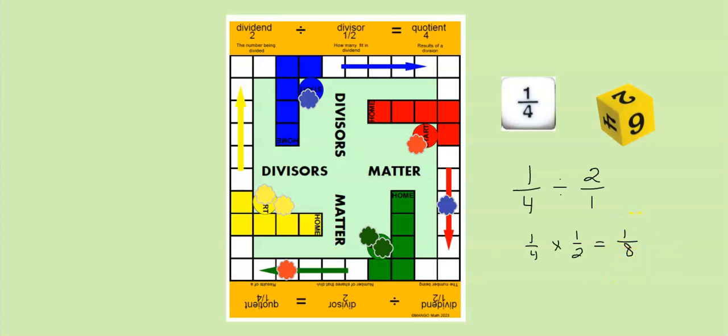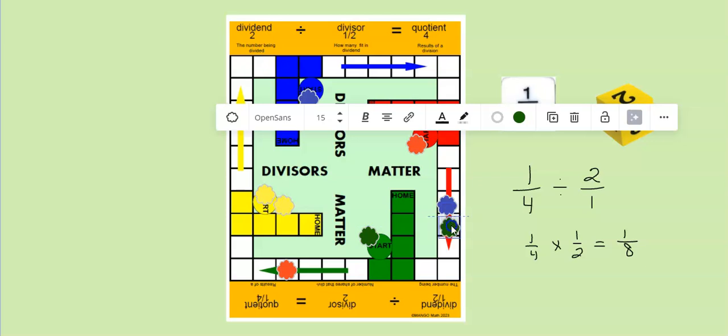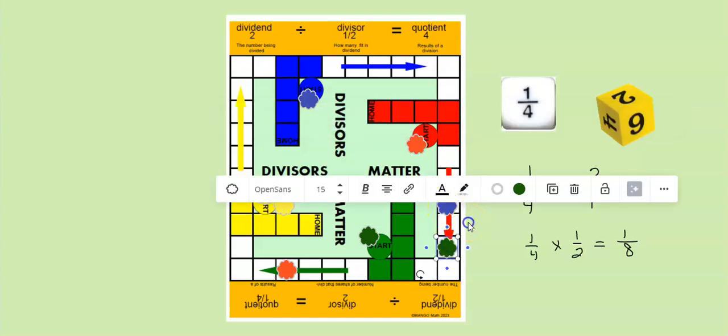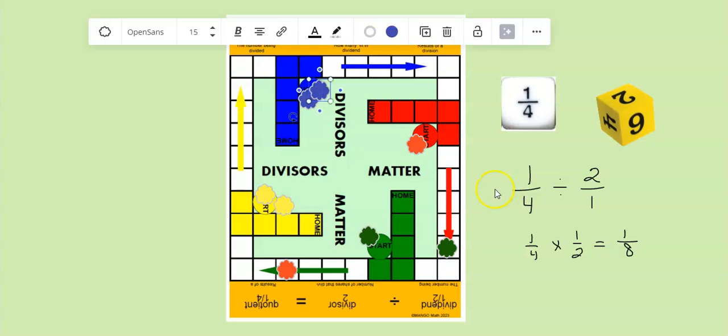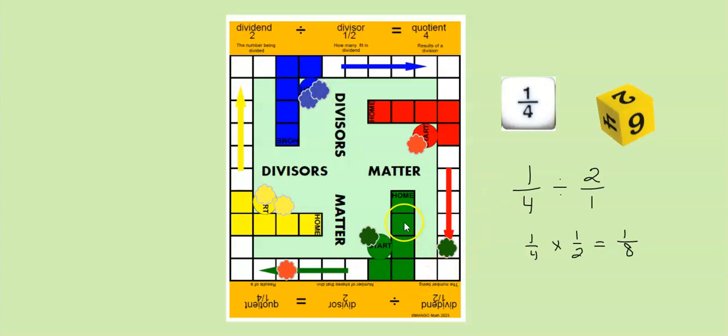And I'm going to move back 8 spots. 1, 2, 3, 4, 5, 6, 7, 8. I get to slide down. Because I slid down, I knocked this player off, and now I'm closer to getting home. So just know there's strategic ways to play this game.